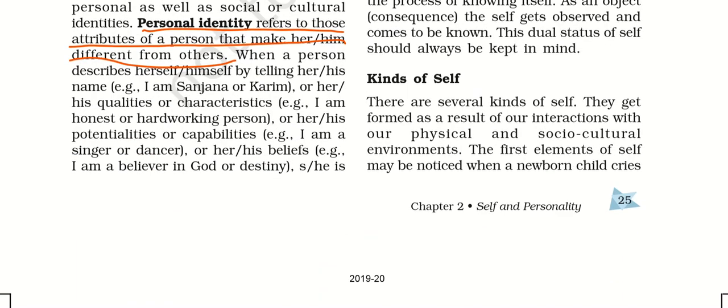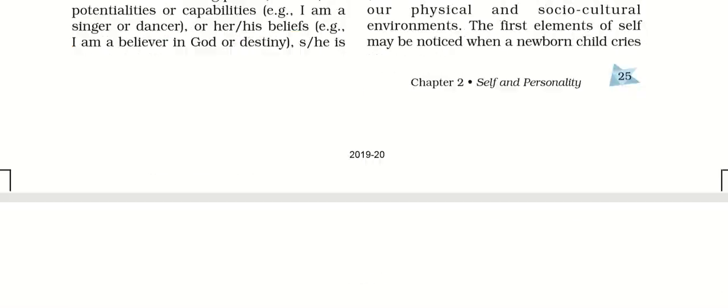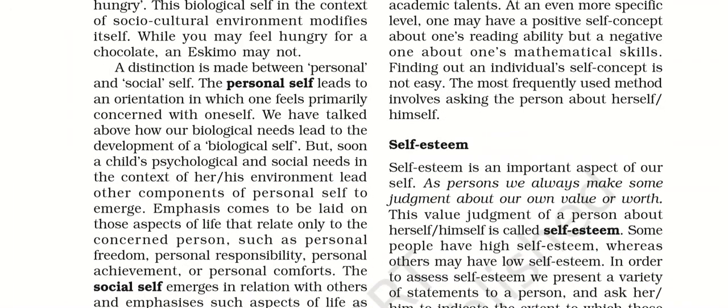Then we have kinds of self. Here we'll talk about the kinds of self, like your personal self, your social self, your familial or relational self. You have different roles in different situations.